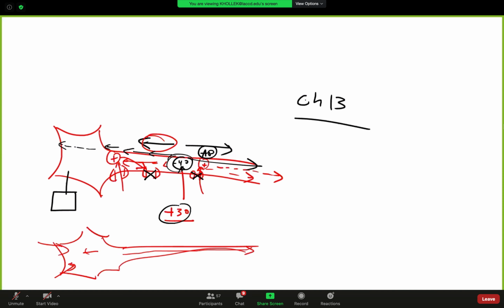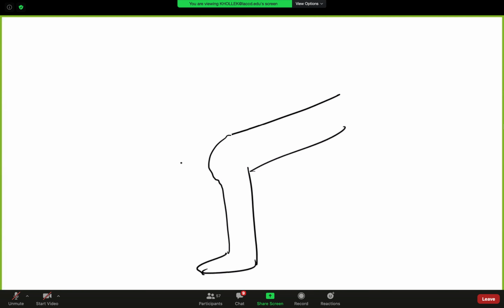Now, if you do a knee-jerk reflex that we discussed, here is your knee, for example, here's your foot, and if you have a rubber mallet, for instance, and you apply it on the patellar tendon, what happens? You do a knee-jerk reflex, and this knee-jerk reflex is always this way.